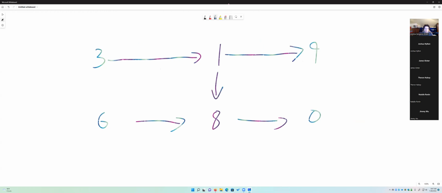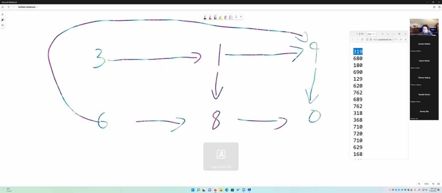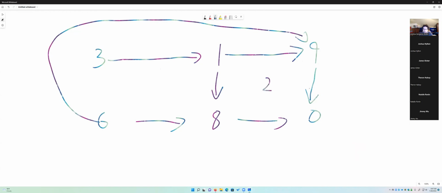So the 80 already existed, but now we know 1 comes before 8. Next one is 690. So 6 goes all the way over here, and then the 9 points to the 0. And then we have 129. So we know that the 1 comes before the 2, and the 2 comes before the 9.